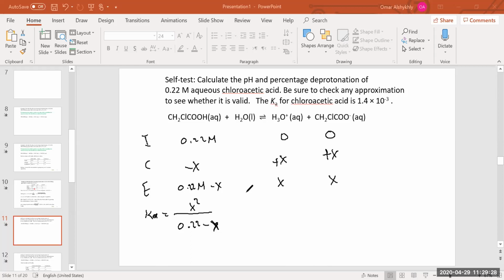Let's see. We have 0.0014 divided by 0.22.